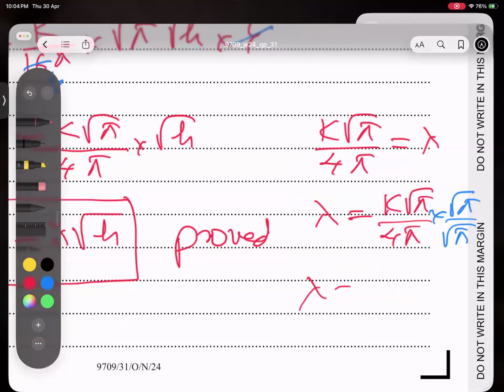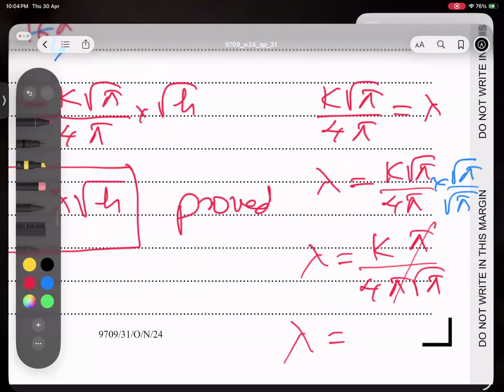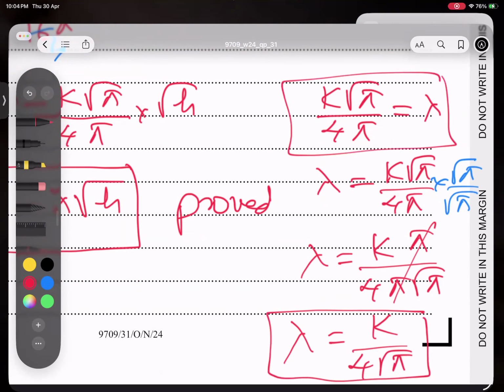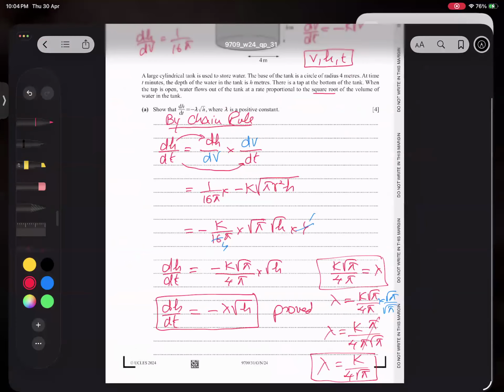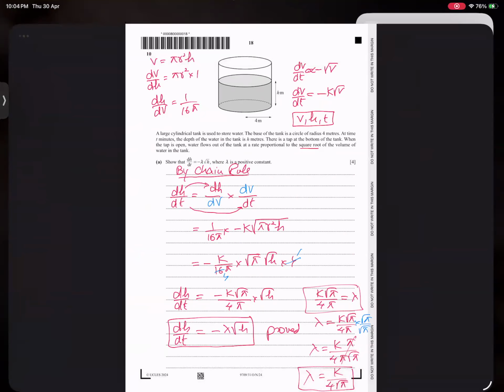Rationalize, and k and root pi give you k root pi, students, and down I got 4 pi and root pi. This cancels out. So we got a new formula, k over 4 root pi. So both are okay. You use the upper one or the lower one. Both are correct. I hope so. The concept of the question, the first part is very, very clear.